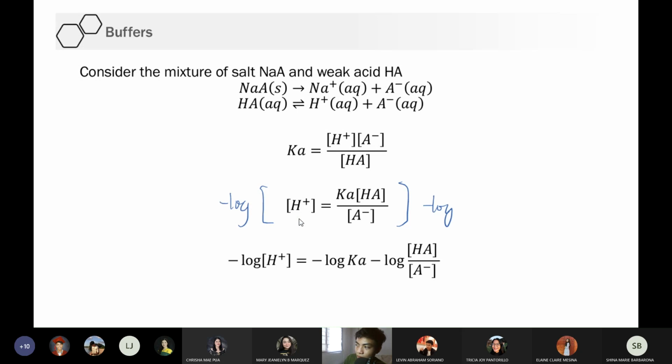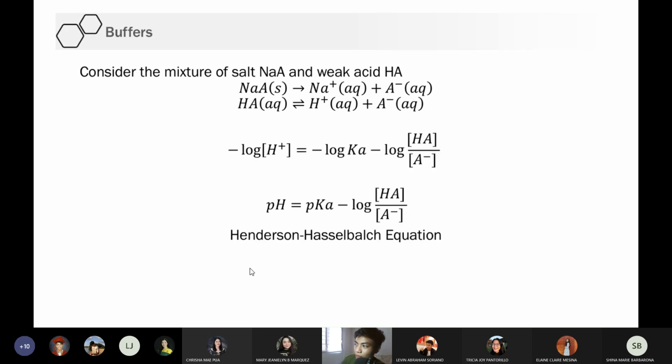So you have the negative log H plus, and yung product dito, mag-split sila into 2, di ba? Sabi ko last time. So that will be the negative log Ka minus the log of the quotient. Yung quotient, magkasama yan, pero yung product, maghihiwalay sila.